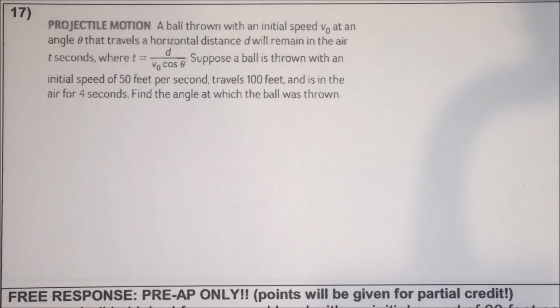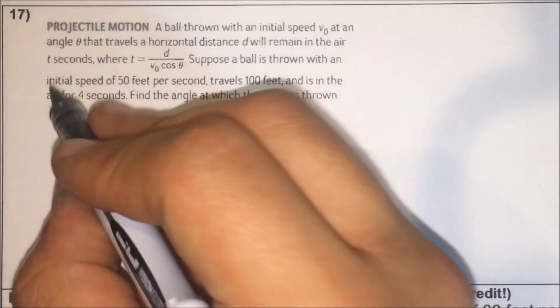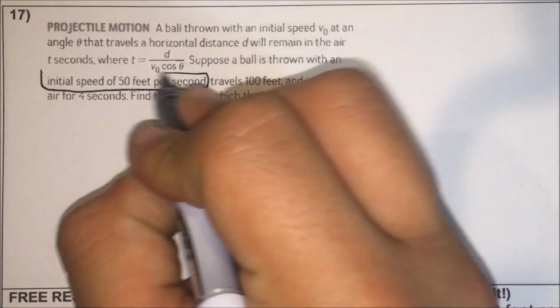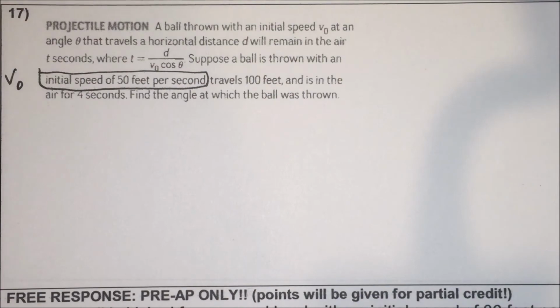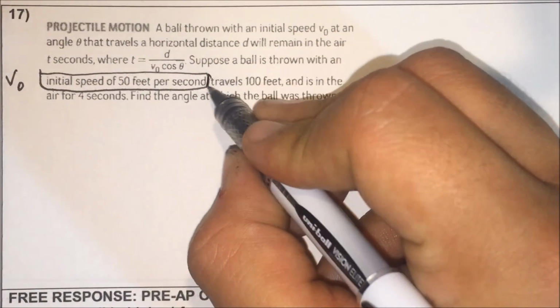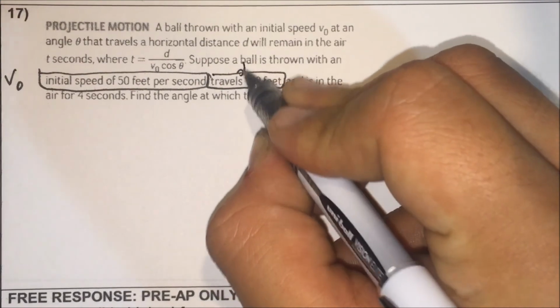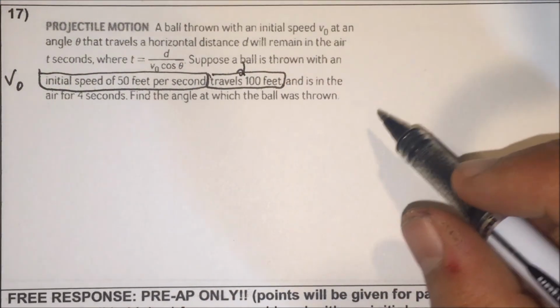Let's find out. Well, first of all, whenever you're doing these word problems, try to identify what all of the things you need to plug in are. So first things first, this says initial speed of 50 feet per second. So that's our initial speed, the v naught, that's what we're going to plug in there. Travels 100 feet, that's our distance that it traveled.